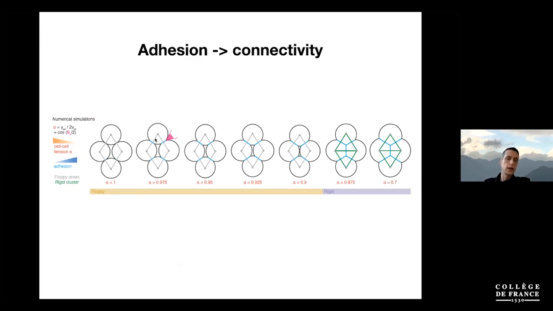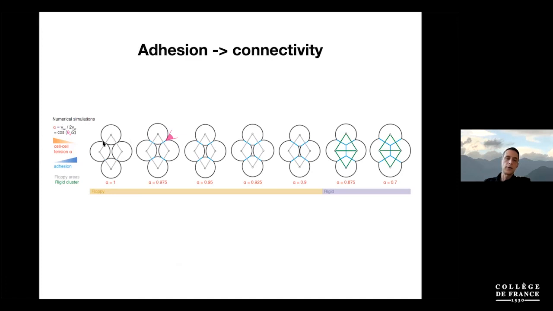This goes back to my introduction when I talked about cell-cell contact formation. And now they ask, if you start with a configuration where 4 cells are essentially making contacts, but the center cells are not making a contact yet, then you have a topological structure which is floppy. And now what they did in these simulations is they just increased the adhesion. They decreased alpha and increased the adhesion. And then essentially you end up with a configuration where the center cells are making another contact.